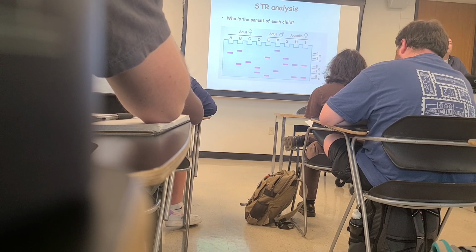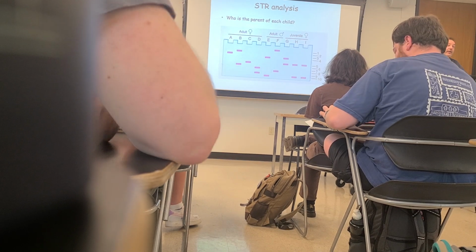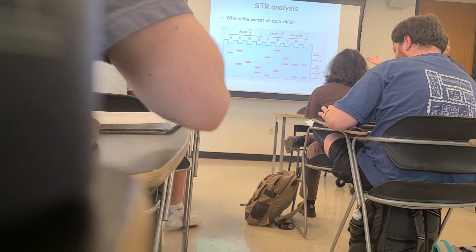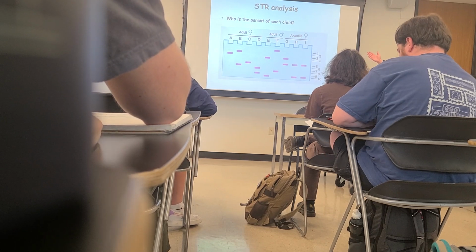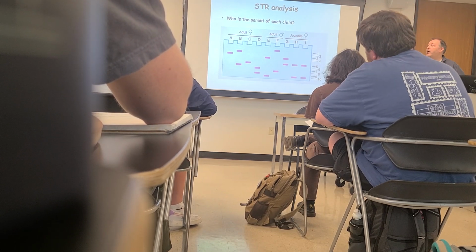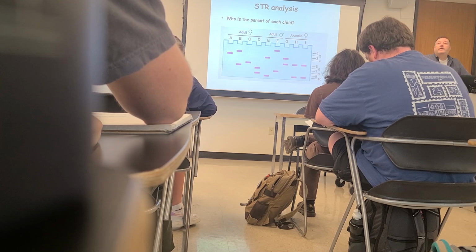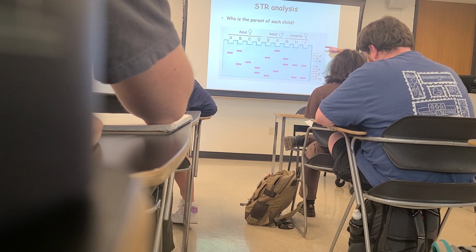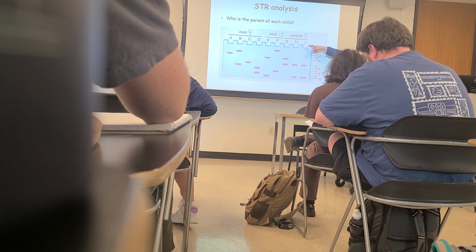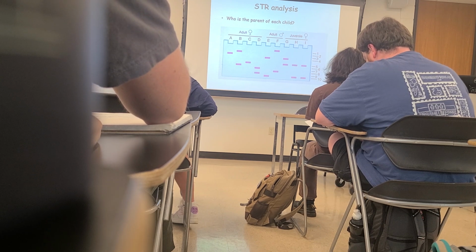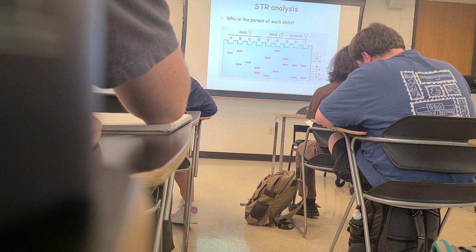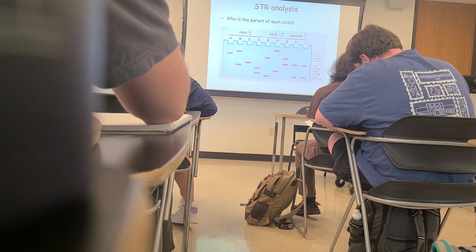For the exam next Wednesday, you're gonna see a picture that looks something like this. And what you should be able to do is tell me who are the parents of child E, who are the parents of child F, child G, H, and I. So which two parents, between mom and dad, which two will be the parents of G, H, and I?